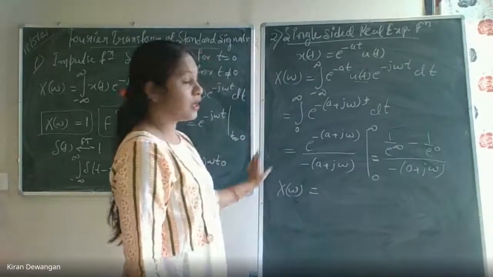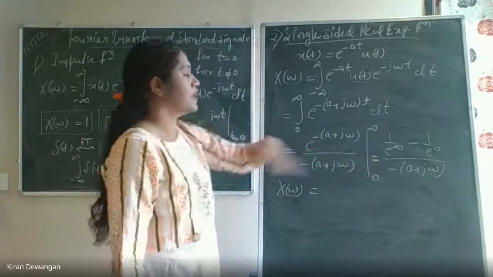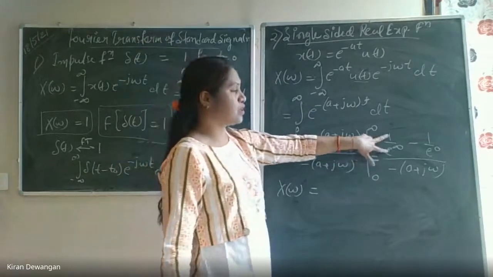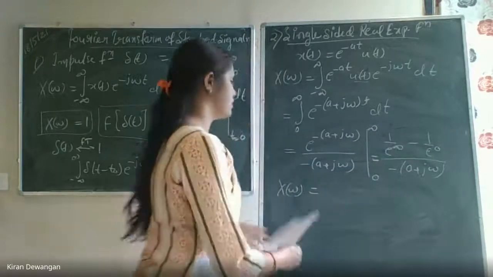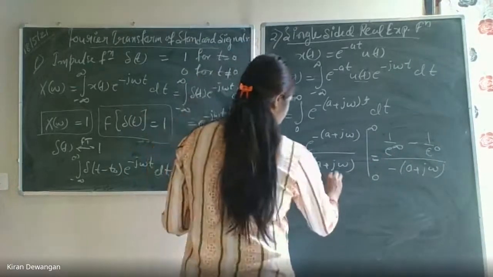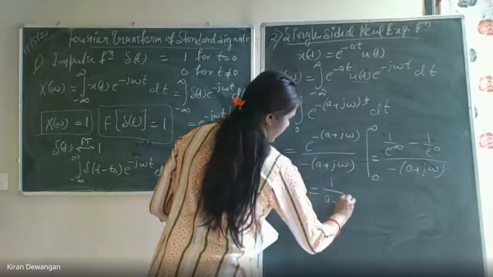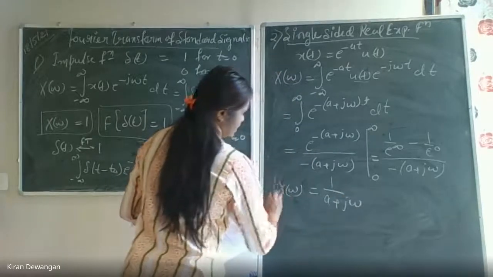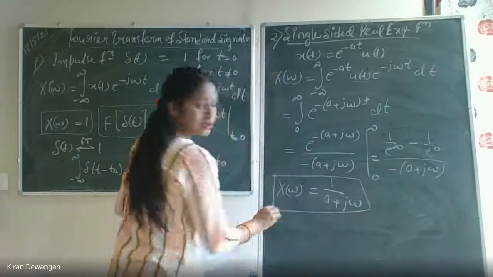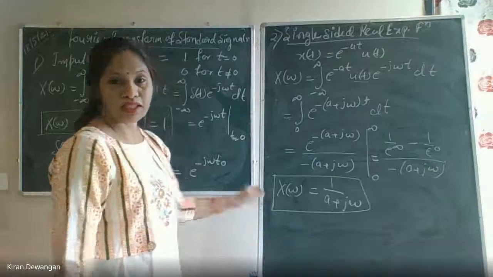Yes, x omega कितना आ रहा है यहाँ पर? If you solve it, 1 by e to the power infinity, this becomes 0, this becomes 1. ठीक है, this is 1 by a plus j omega.